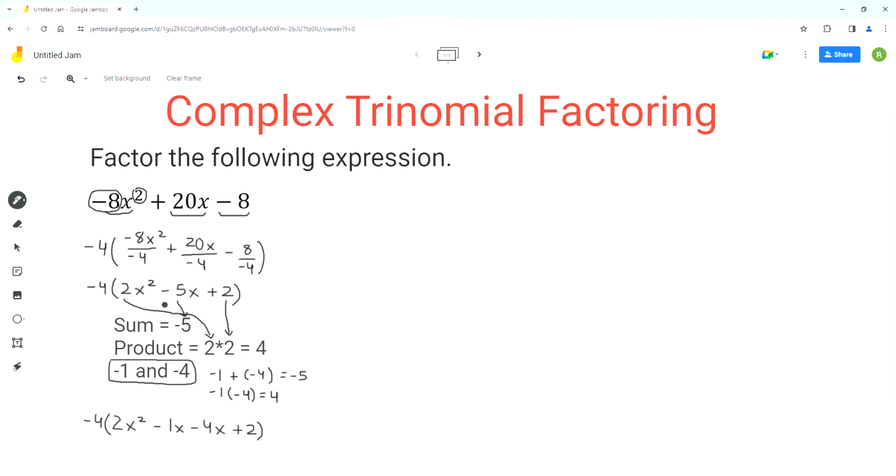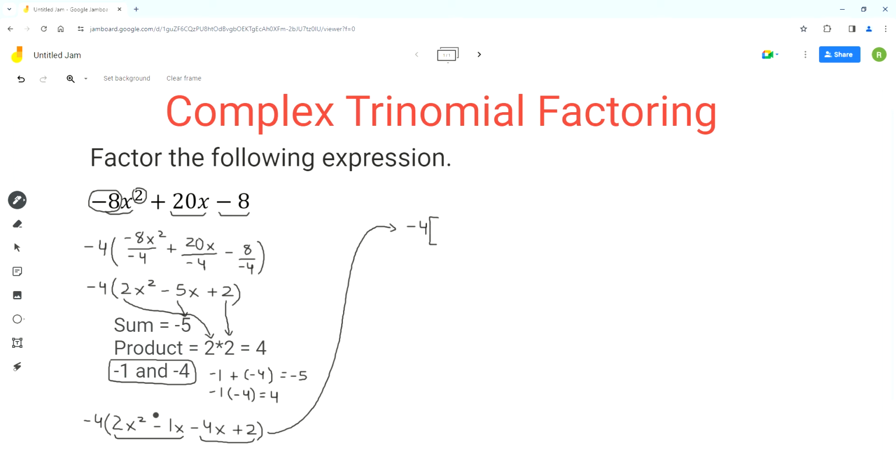So we are breaking up this negative 5x. Now we have to use the grouping method to factor this. There are 4 terms in this expression now in the parentheses. So now we pair up the first 2 terms and we pair up the last 2 terms. Here I'll use the square brackets.